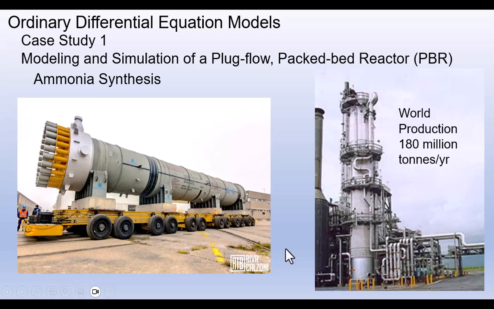This slide just gives you an idea of the scale of the process that we're talking about. On the left, we show a reactor before installation, with the base of the reactor on the left here. And you can see its size relative to a person standing over here at the left of the photo.